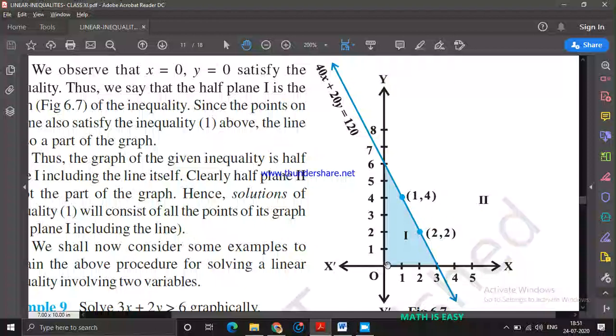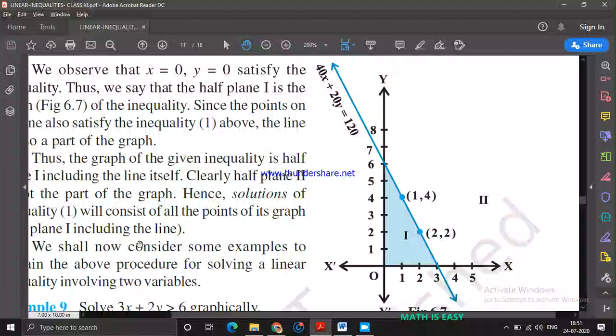If x is greater than or equal to 0, then I cannot take negative x values. So that's why I restricted here from 0 to 3. If y is greater than or equal to 0, then I cannot take negative y values. So this part is restricted.